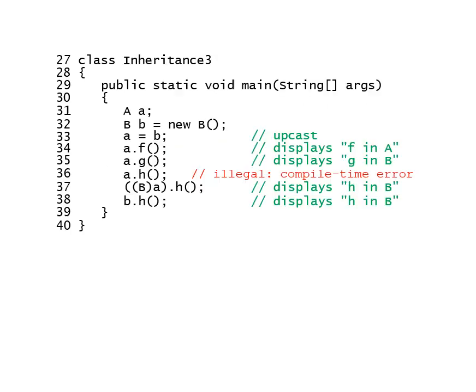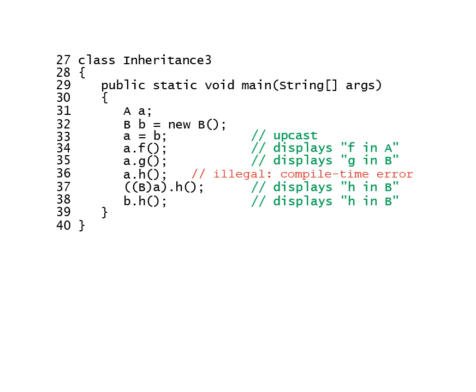All right, and then here we have the main method that's going to create a B object, and then we do an upcast, right? That's an upcast on line 33. We have a pointer pointing to a B, and we're moving the tail end in a sense up to that little A variable.